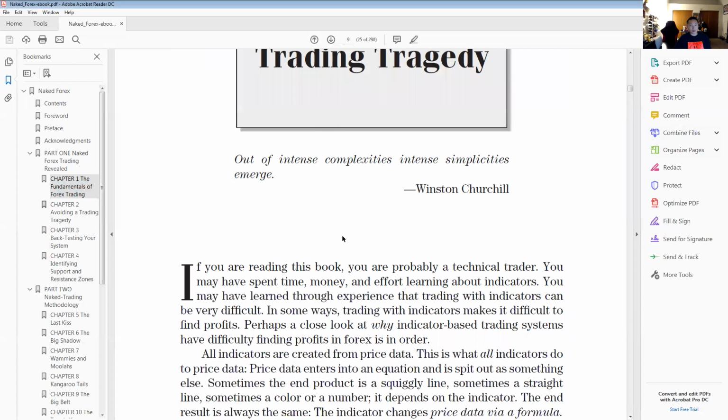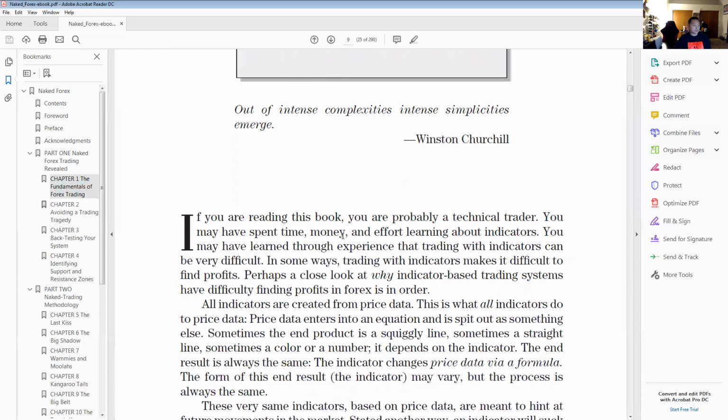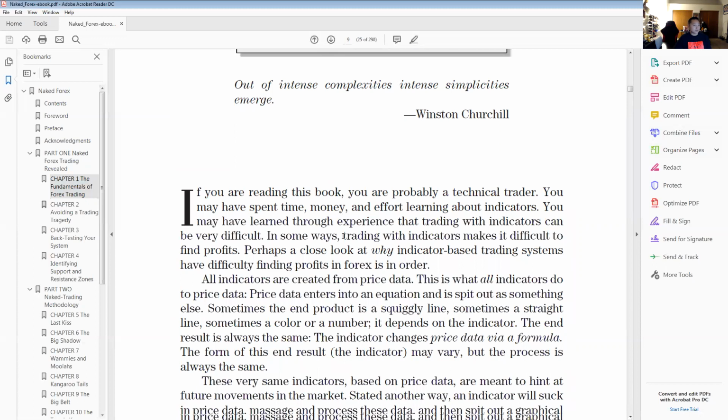You're not going to make any kind of money. So if you are reading this book, you're probably a technical trader. You may have spent money and effort learning about indicators. You may have learned through experience that trading with indicators can be very difficult. In some ways, trading with indicators makes it difficult to find profits.